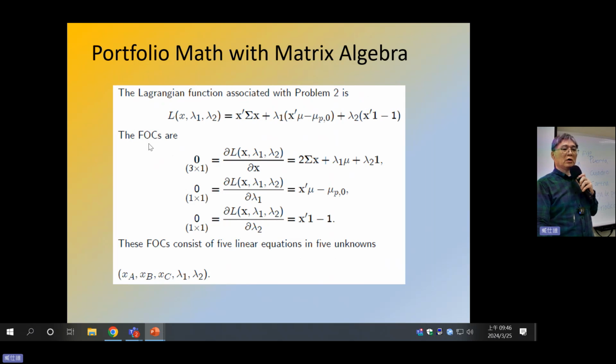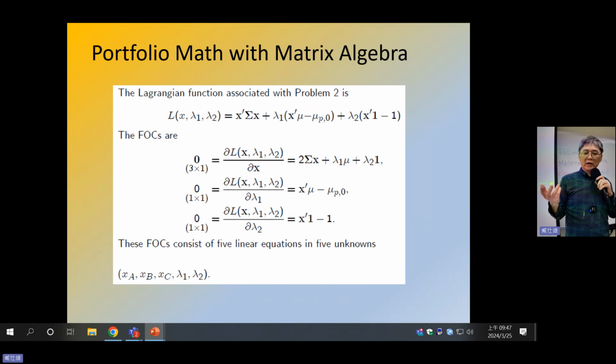So you can see here we can rewrite the Lagrangian function associated with problem 2. Now we have an L function of x, lambda 1 and lambda 2, where lambda 1 refers to the first condition and lambda 2 refers to the second condition. So now we are doing the same thing. We try to find the first order condition by taking the derivatives with respect to our variables x, lambda 1 and lambda 2.